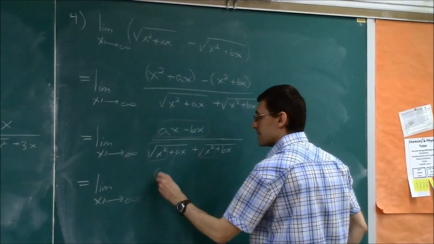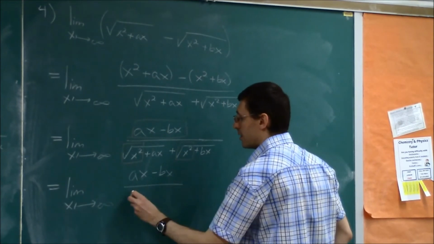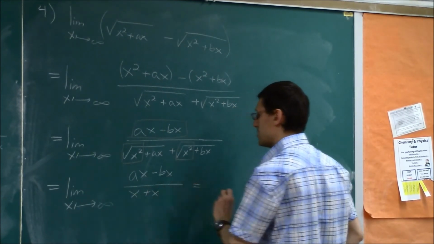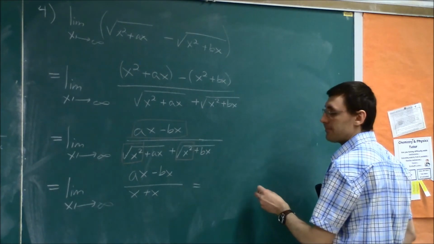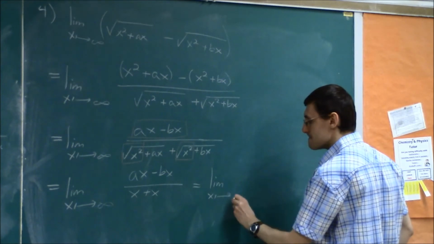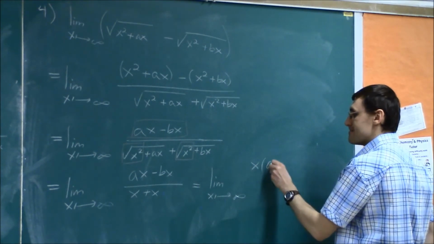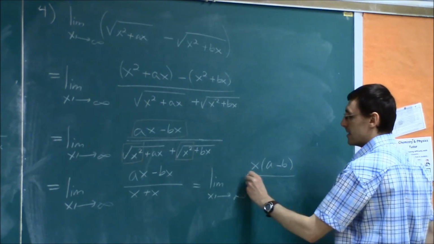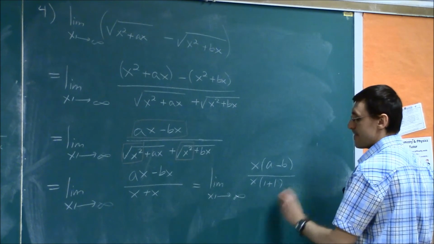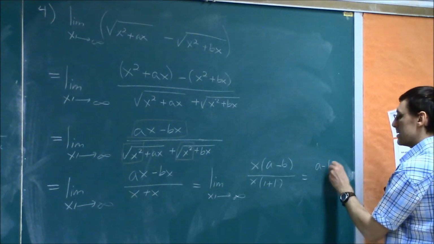So what we have is ax minus bx over x plus x. So the answer is simply x times a minus b, divided by x times 1 plus 1, and we just get a minus b over 2.